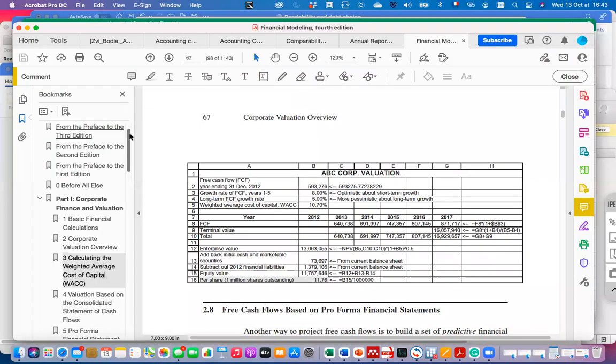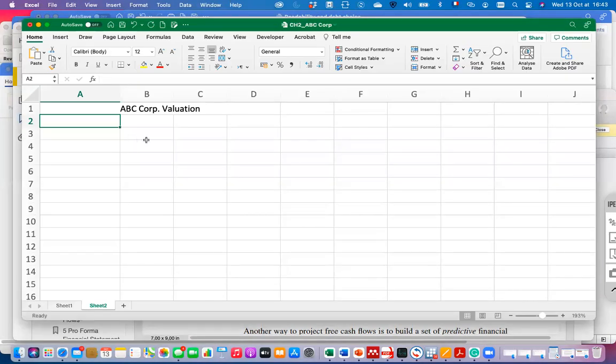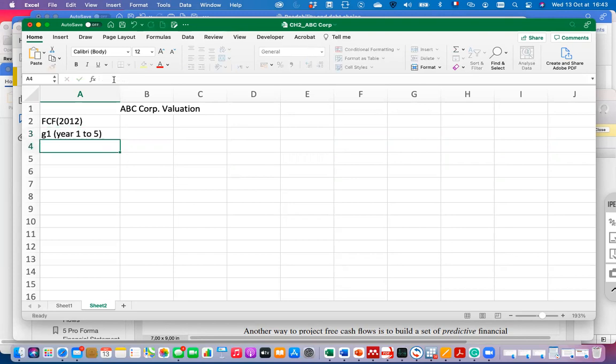We start with the free cash flow for year 2012, the free cash flow by the end of 2012. The second row is the growth rate. I call it G1, for years 1 to 5.